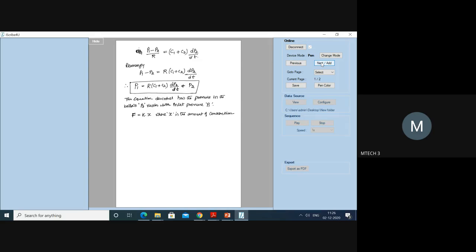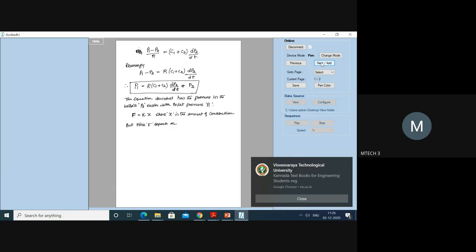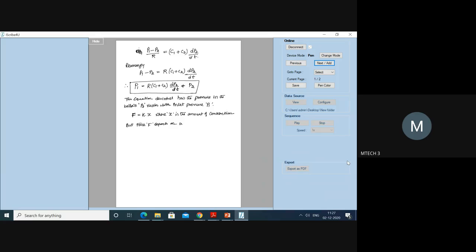Okay. But below that, force F depends on the pressure P2.